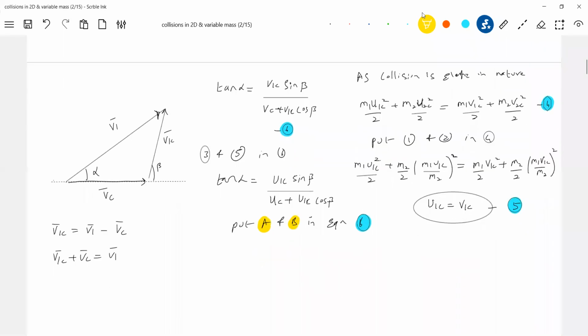Let's substitute here. So tan alpha, U1C, I know the value already: 2M2 U by M1 plus M2 sin beta. What about the velocity of center of mass?